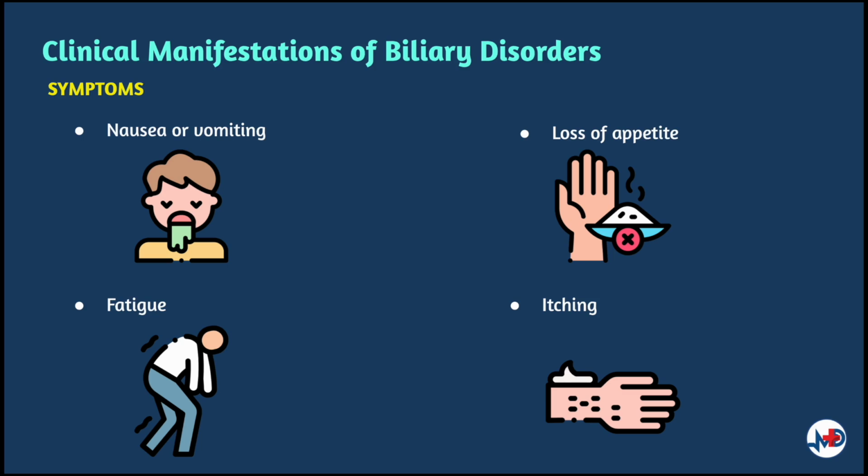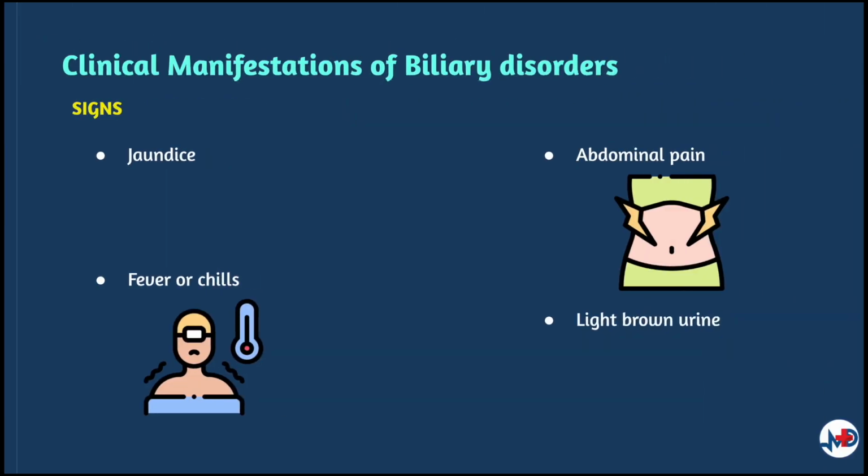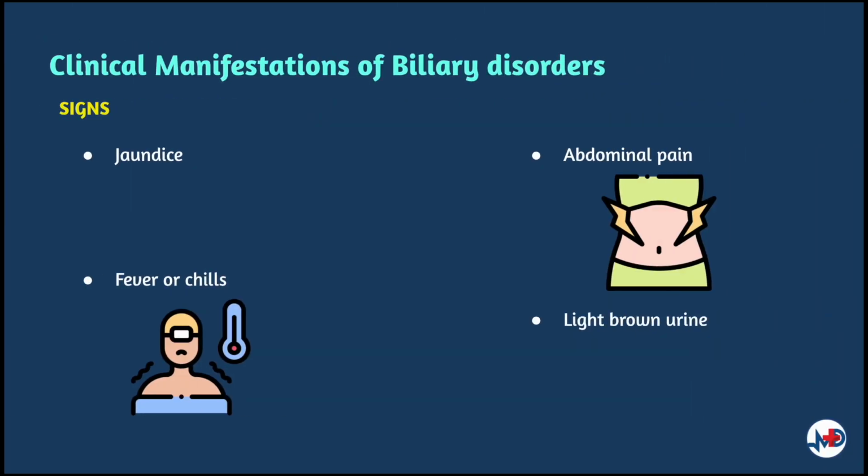More specific signs would be jaundice, fever or chills, which could indicate an infection, abdominal pain, which is focused more over the right hypochondrial region, and if the patient has dark brown urine or pale stools, that could indicate the presence of cholestatic jaundice.